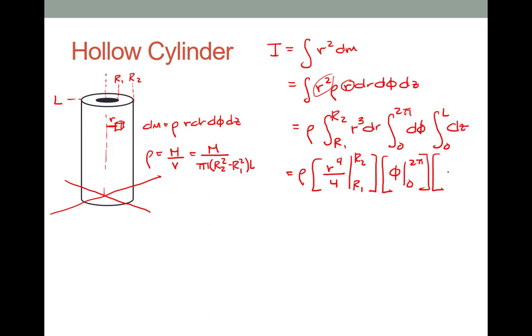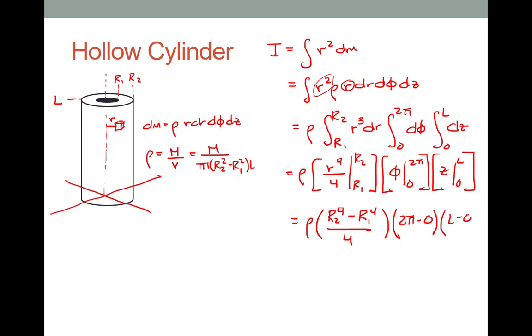And the integral of dz is z, evaluated from 0 to L. So now I can plug in my limits of integration. That's R2 to the fourth minus R1 to the fourth, all divided by 4, times 2 pi minus 0, times L minus 0.